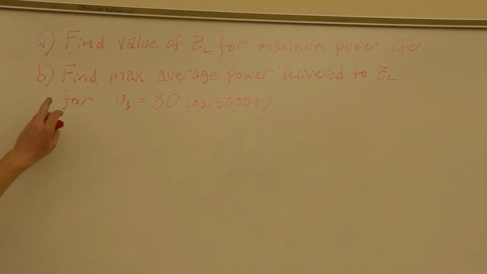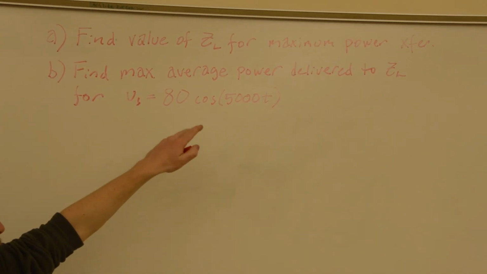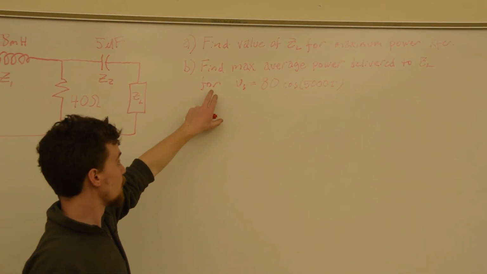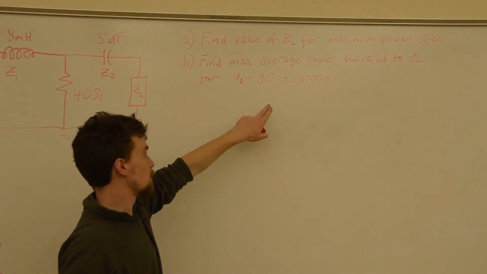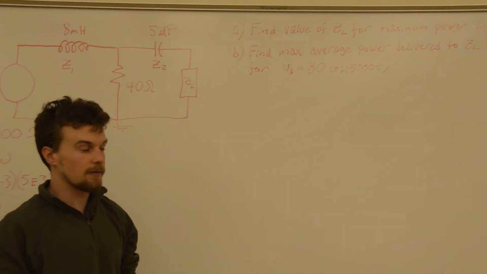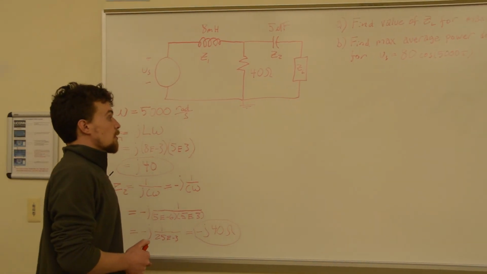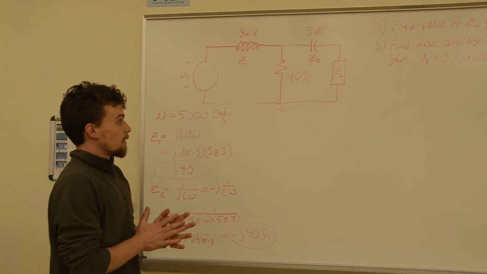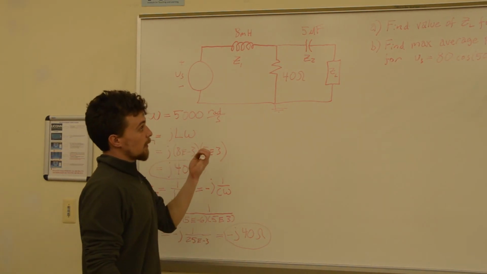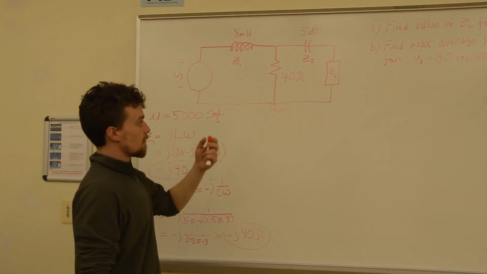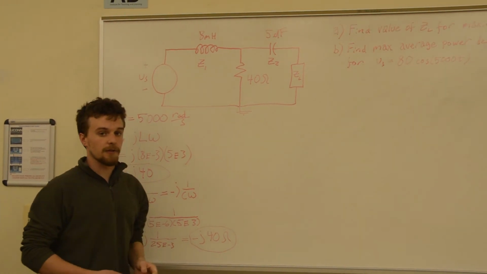And second, we have to find the average power delivered to the load for our source voltage being 80 times cosine of 5,000t. For the first part, we need to find the load impedance for maximum power transfer.